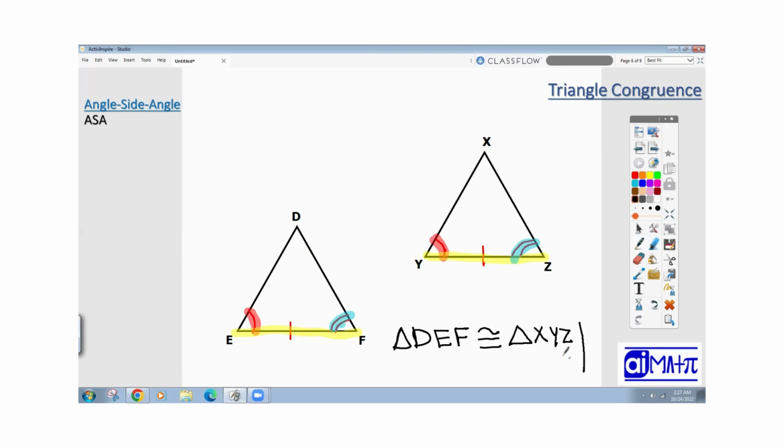And what's the reason? The reason would be ASA. And keep in mind, this side must be included in between these two angles in order for this to say angle, side, angle. This marking must come in between these two things, and we refer to that as included.